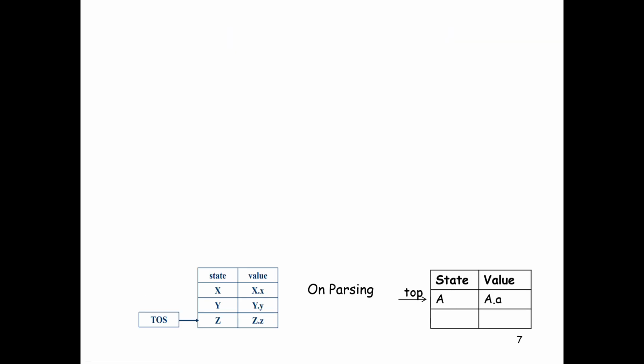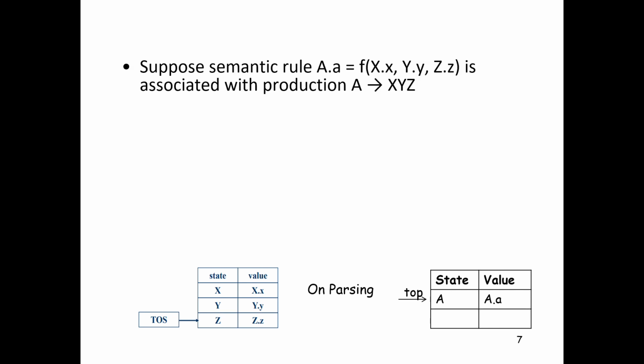This slide explains how we can store the grammar symbol as well as the value on the stack. Here we are considering the production A gives X, Y, Z. X, Y, Z is the production's right hand side, and small letter a is the attribute of the leftmost non-terminal capital A. So capital A has small letter a as the attribute, and it gets a value for the attribute from its children nodes X, Y, Z by applying a function f over them.